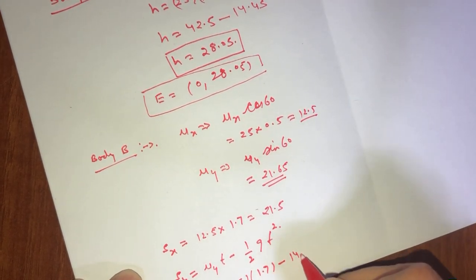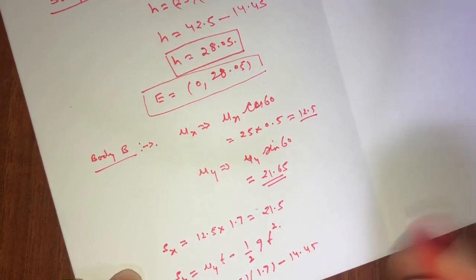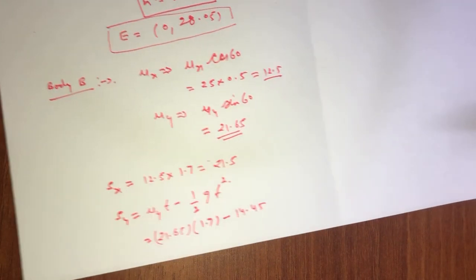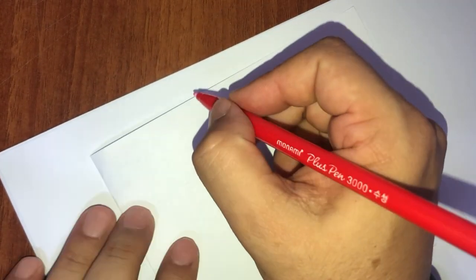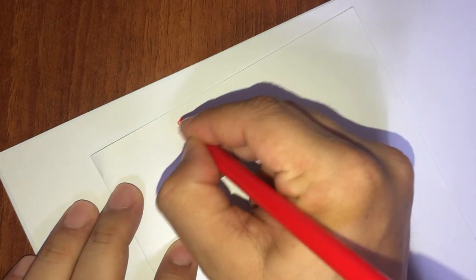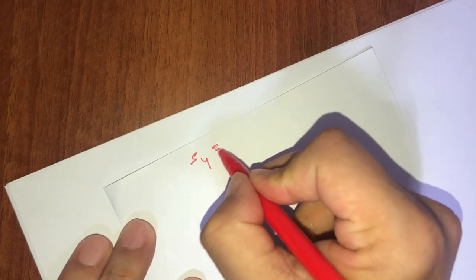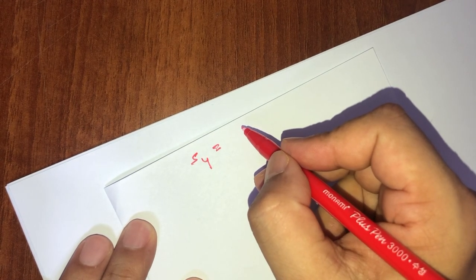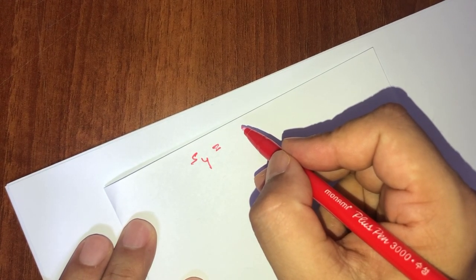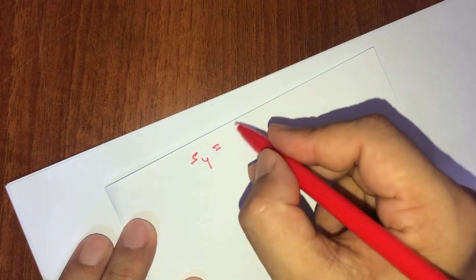So we simply substitute 14.45. So we can write that S of y is equal to 22.35.